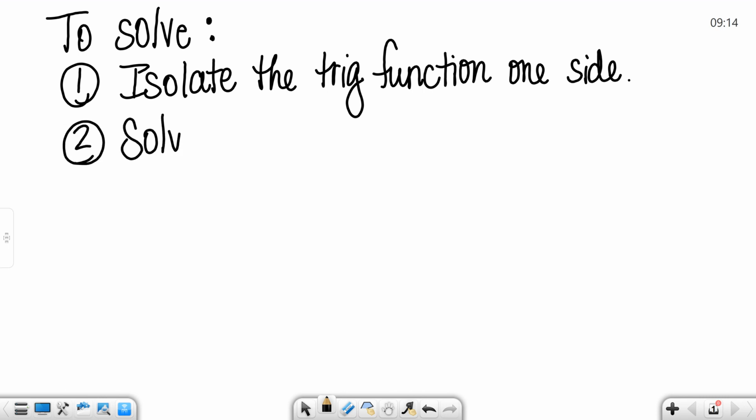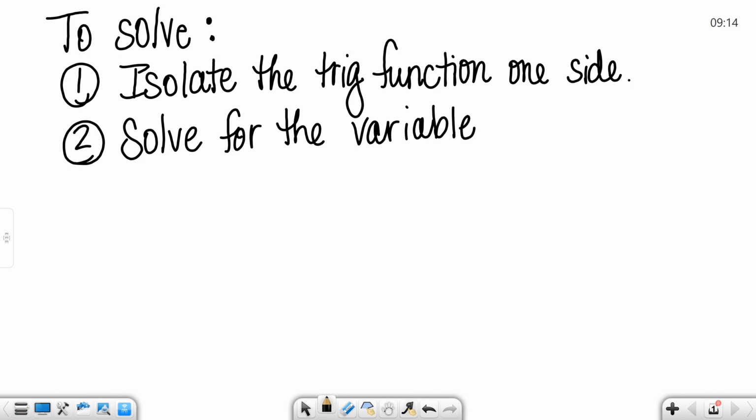The second thing we want to do is then we will solve for the variable. All right, so you want to have your unit circle handy. That is definitely going to be helpful when we're solving these problems.